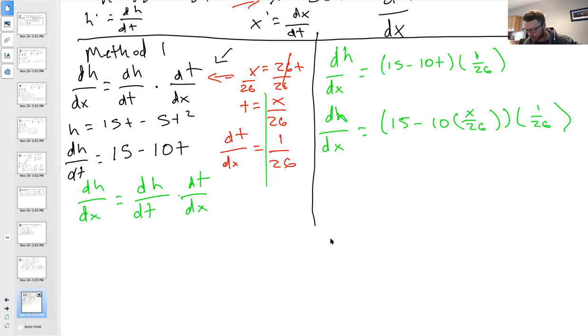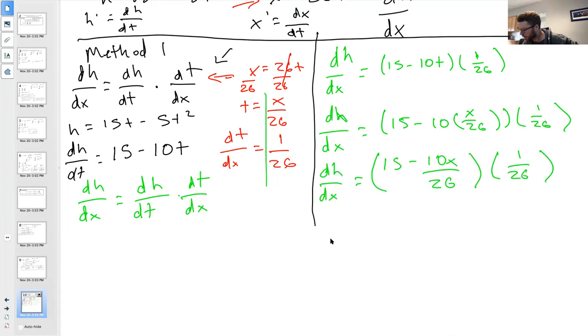So if we simplify that, we will get 15 minus 10x over 26, multiplied by 1 over 26. And if we multiply that, the derivative of h with respect to x: 15 multiplied by 1 over 26 is equal to 15 over 26.